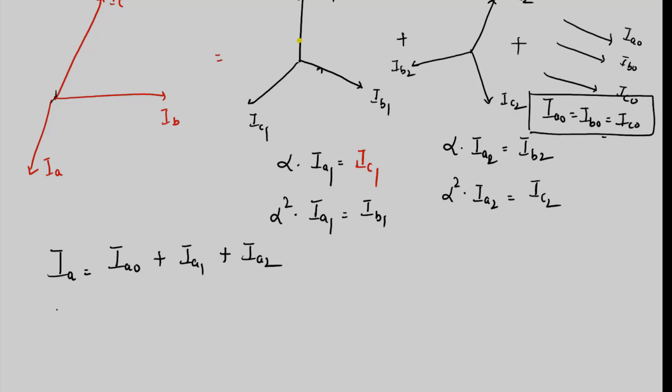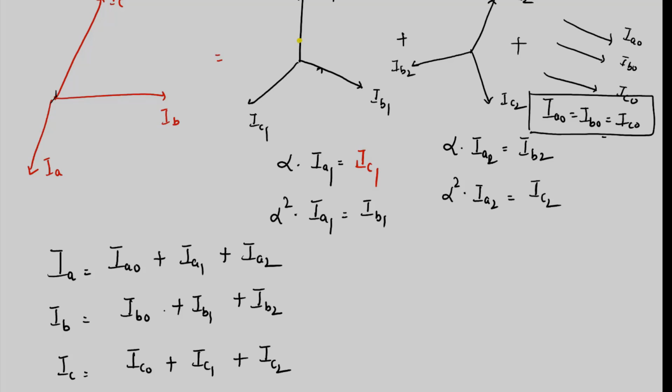Similarly, I can write IB as IB naught plus IB1 plus IB2. Similarly, IC I can write it as IC naught plus IC1 plus IC2.